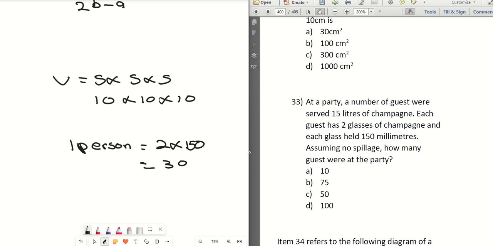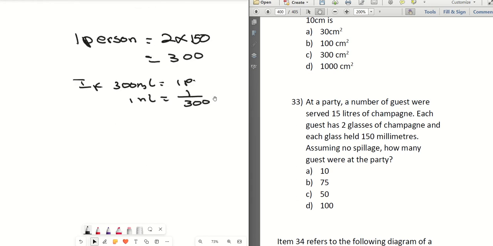So that's 300. You cannot find for 15 liters, you need to change that liters to milliliters, which is multiplied by 1,000.